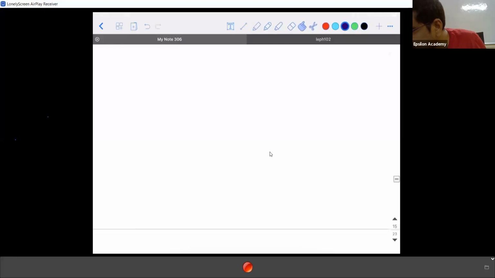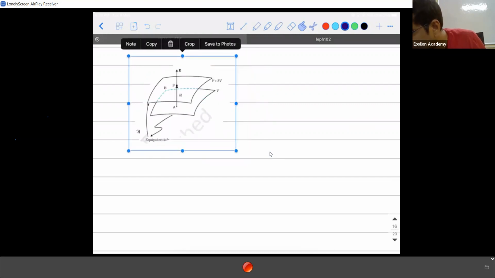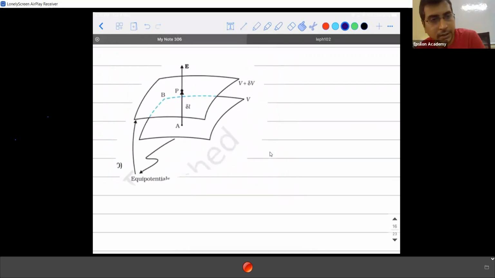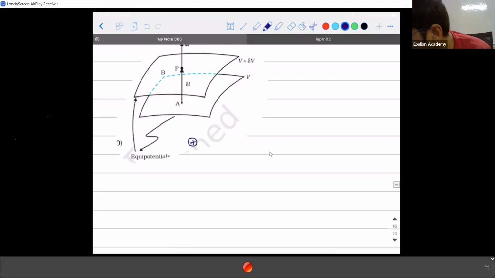Listen. I'm explaining from the textbook because you are expected to write like this, but there is an alternate derivation also for this. Listen, if there is a positive charge here, I have a point P here, I have a point Q here. Which point is going to have more potential?